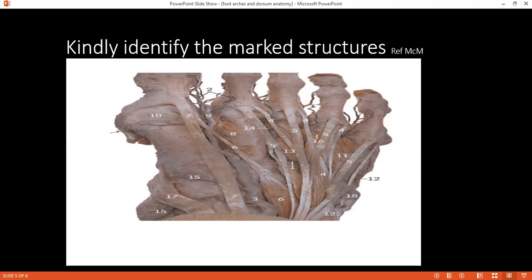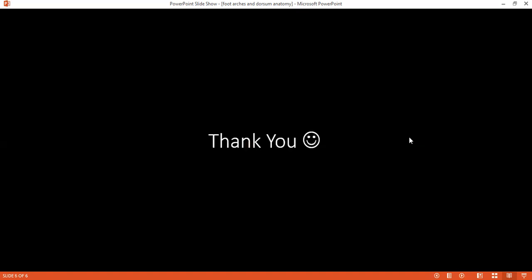Yes. 6, 7, and 5, and 17, these are the most important. If you can identify 12 as well. 12 is peroneus tertius. Yes, these are the ones. Okay, the bell is also gone. Good. Thank you.